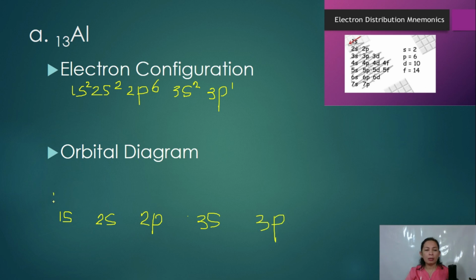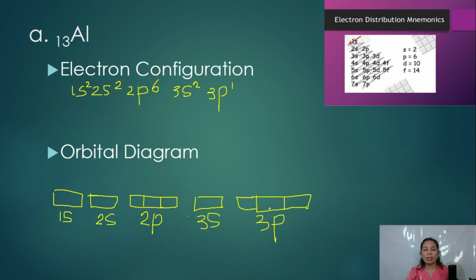Okay, so let's make a square which will represent our orbital. Then for 2p, we have 3 orbitals, and again we have 3 orbitals for 3p.